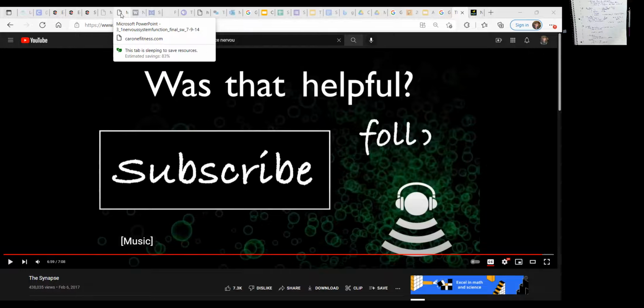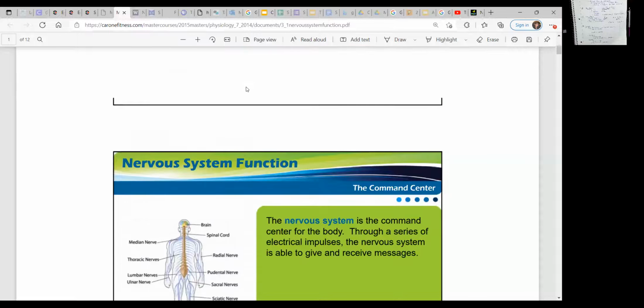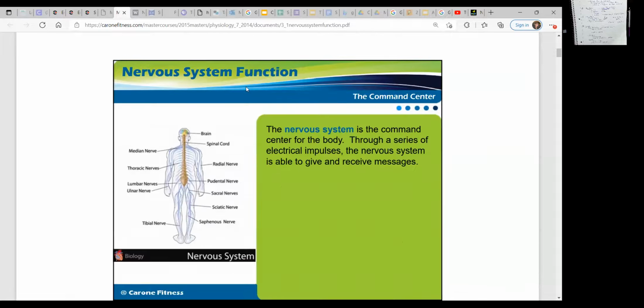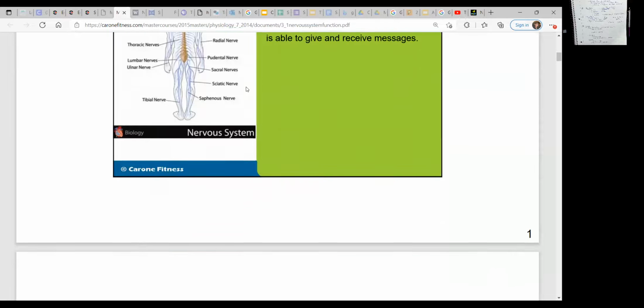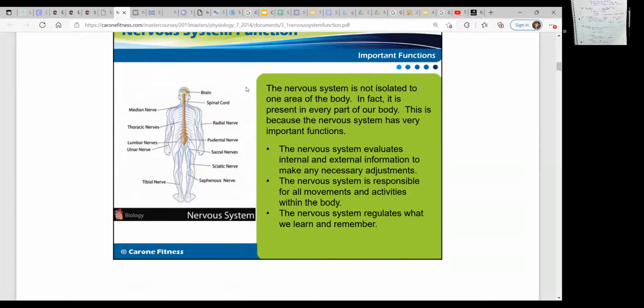And the synapse, how that information is transmitted from neuron to neuron. And we can go back over the nervous system function lesson just to cover anything we might have not covered in those videos.